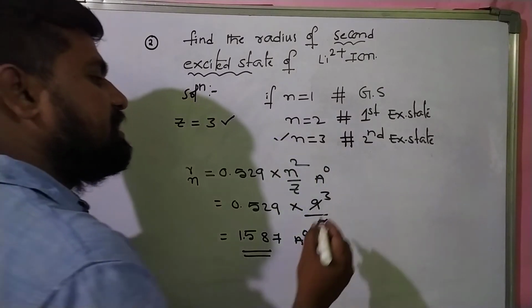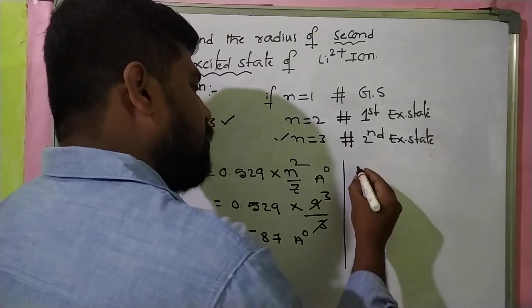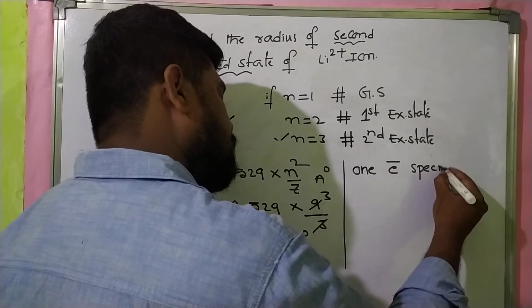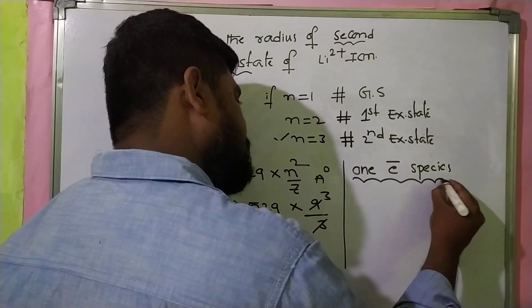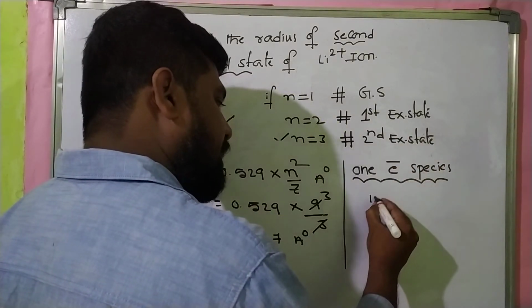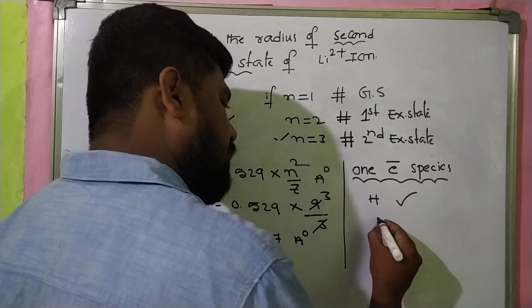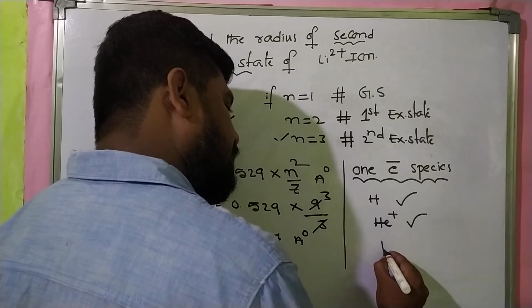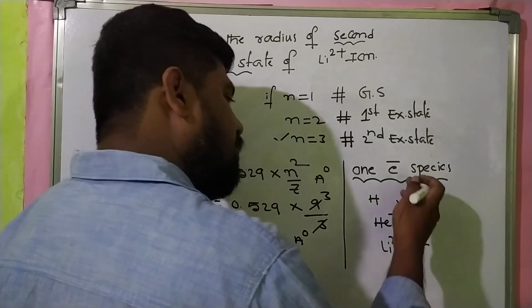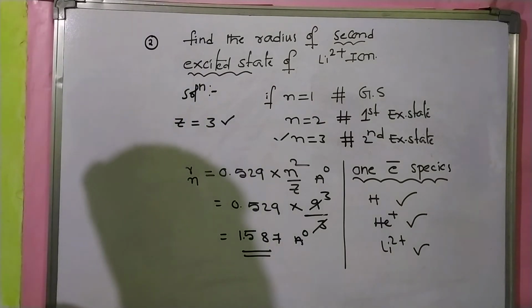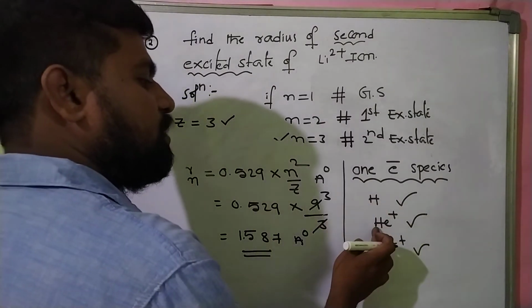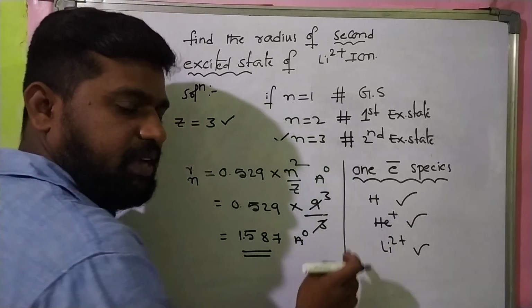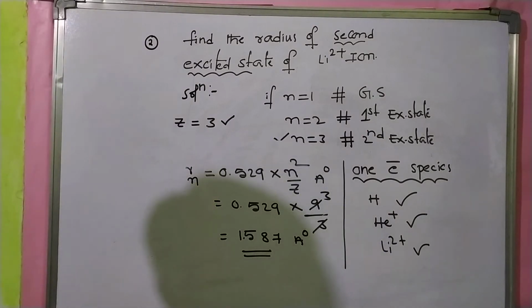One electron species means they have only one electron. Hydrogen has only one electron, helium plus ion only one electron, and lithium 2+ ion, these are all called one electron species. Here z equals 1 for hydrogen, for helium plus atomic number 2, and for lithium 2+ atomic number 3. Very easy. Now radius is completed.